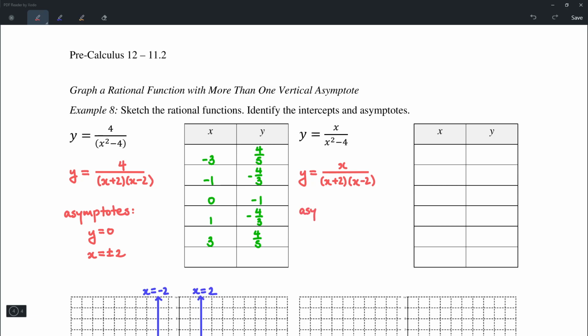Because if we try dividing to find the horizontal asymptote, we get 0. Just going to go ahead and add those in.